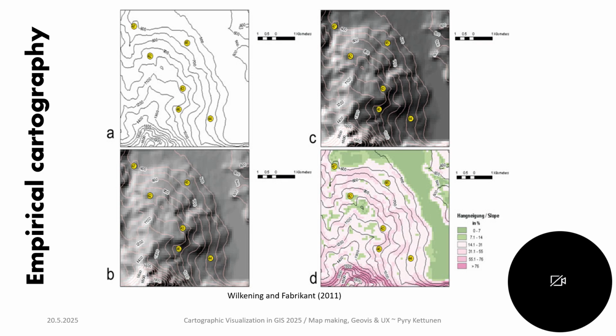And they found that this slope representation would be most efficient, which directly shows the inclination of the terrain, and then tells the helicopter pilot a good place to land or not. These hill shadings are nice to show the forms of the hills, but the direct representation of the slope was the most efficient that day.